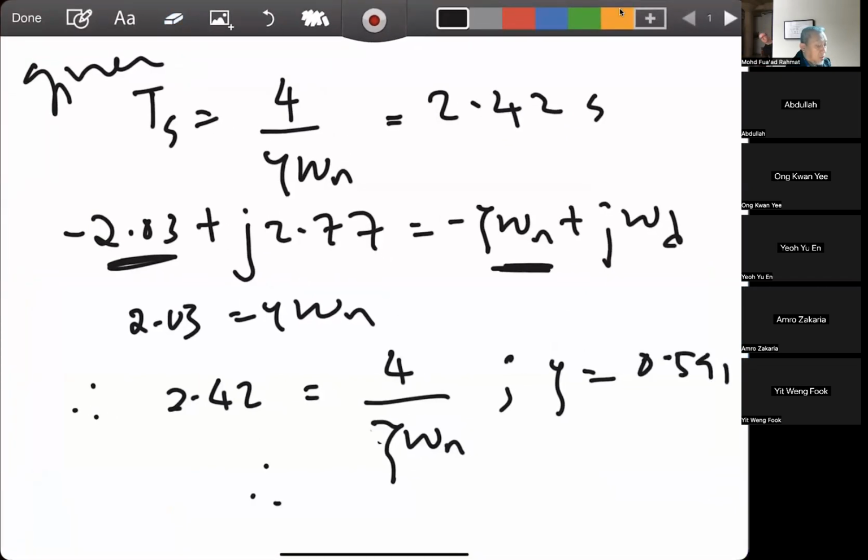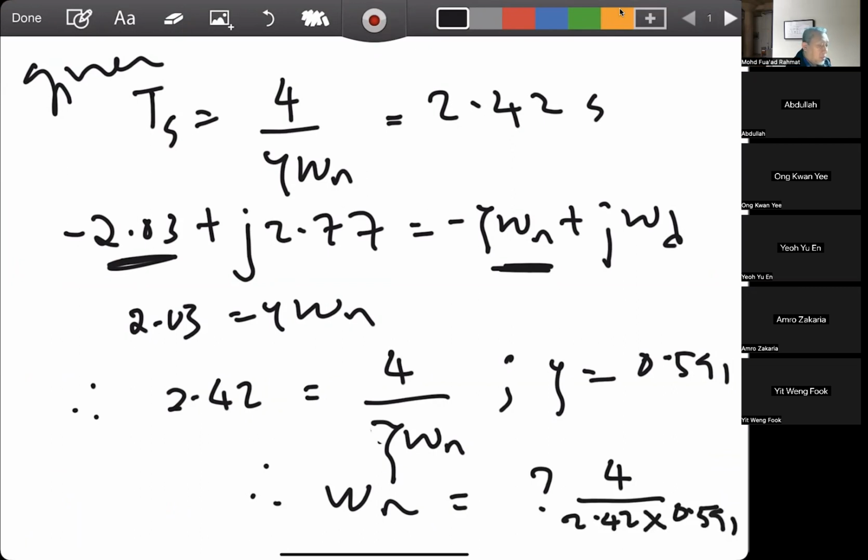So in this case, you get omega n. Omega n you will calculate later, which is 4 divided by 2.42 multiplied by zeta 0.591. So you get the omega n value.